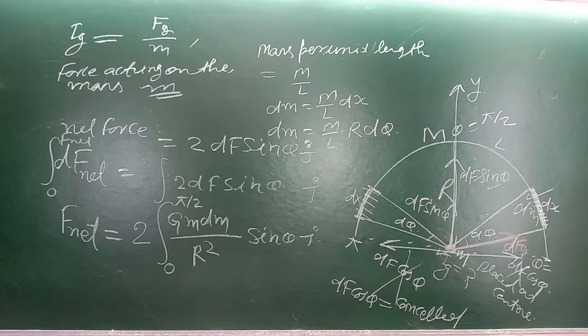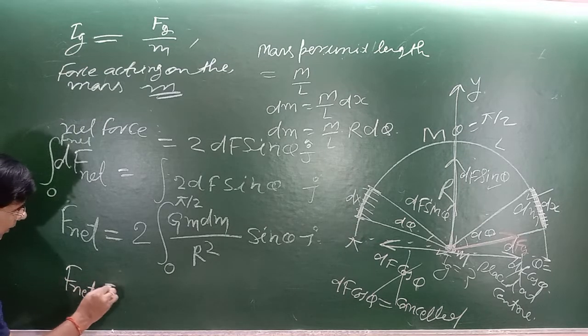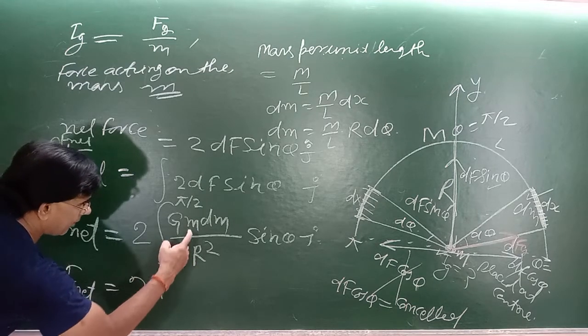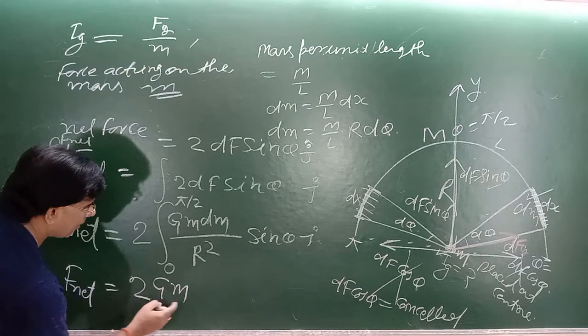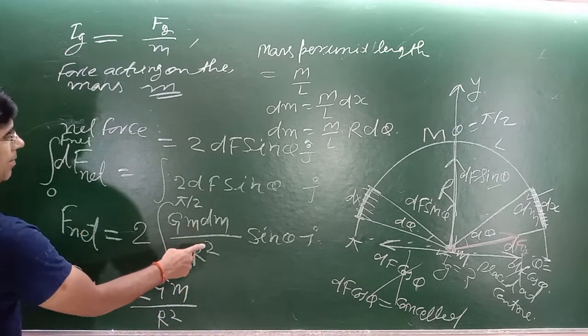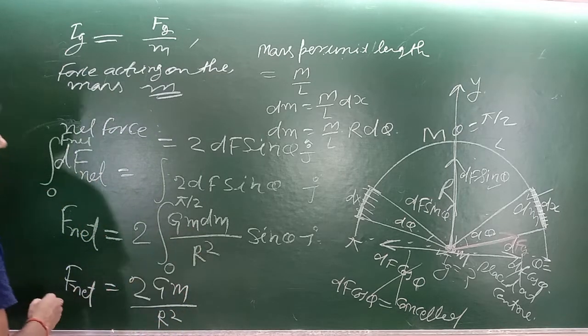Note all the points. These are very, very important points. Now put in the value of dm. For the final result, F net equal to how much? 2, take in common, G m upon r square, dm.